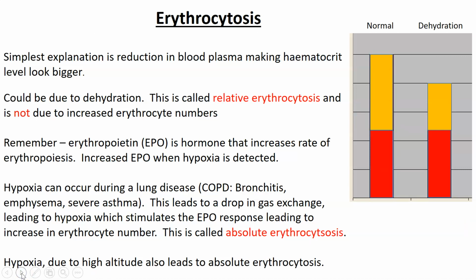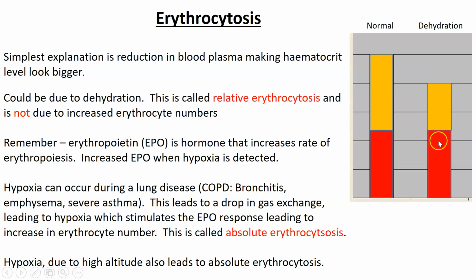Now with erythrocytosis, if you suspect erythrocytosis, sometimes the simplest explanation is usually the correct one. This is a normal blood sample. Let's say that's the plasma, that's the red blood cell volume. Now, if somebody is dehydrated, remember the plasma is mostly water. So if you're dehydrated, your blood plasma will look like this, and your red blood cell volume will look like this.